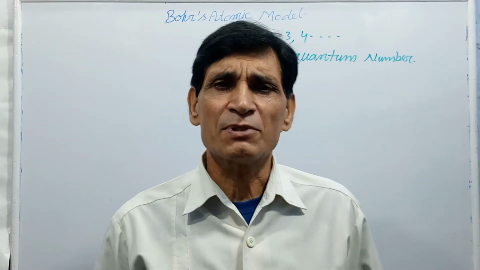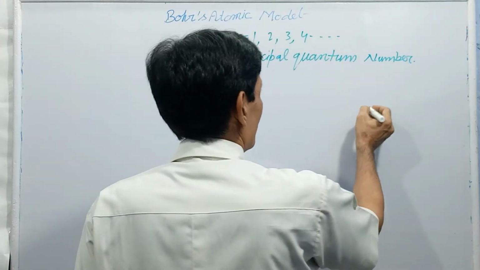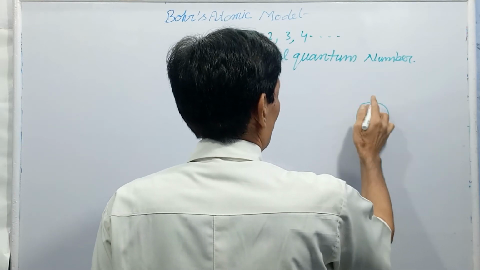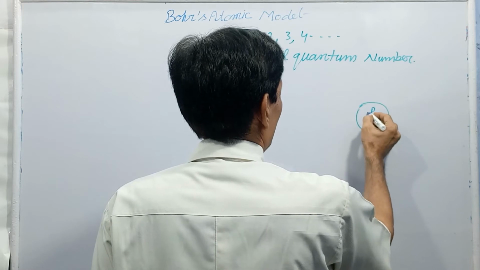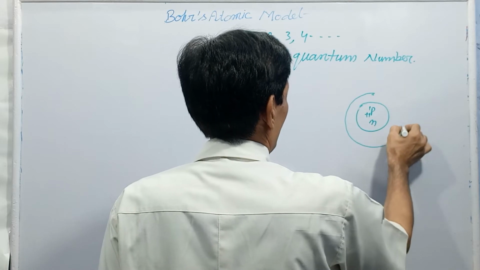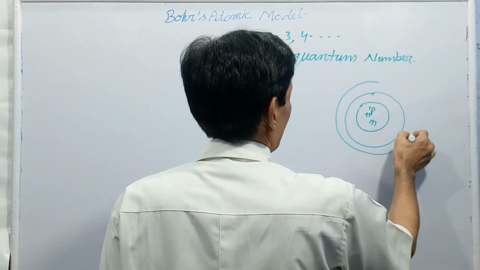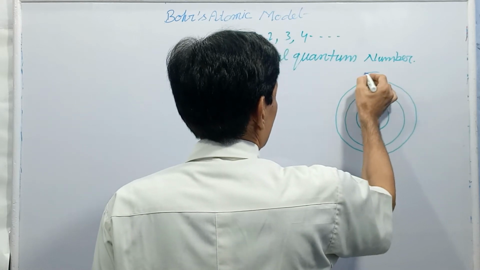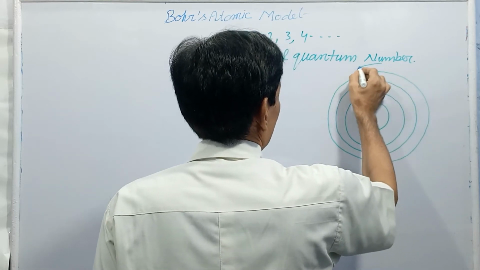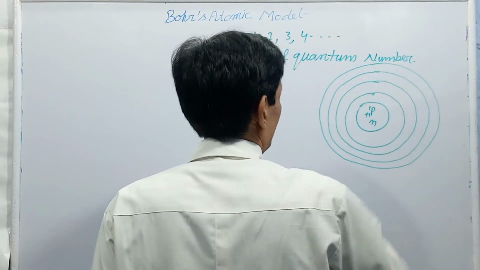One example: this is a nucleus where protons and neutrons are present, and this is the first orbit or cell. This is the second orbit or cell, this is the third, this is the fourth, like that.